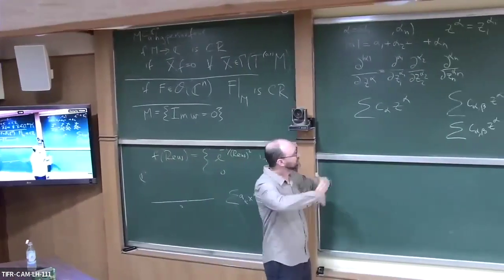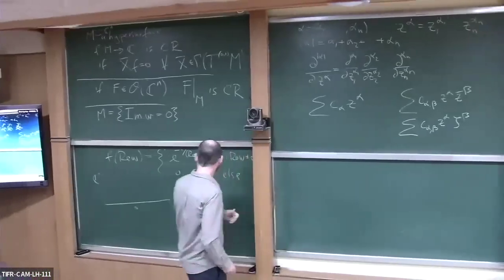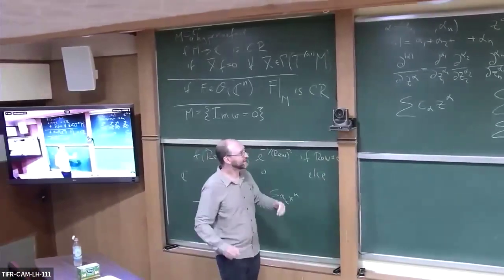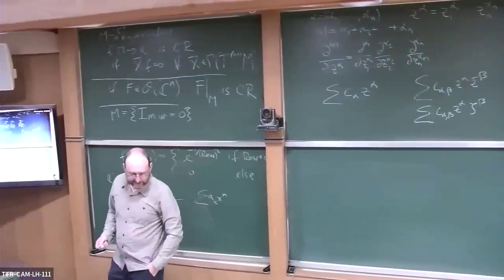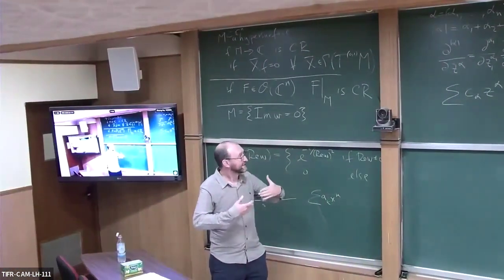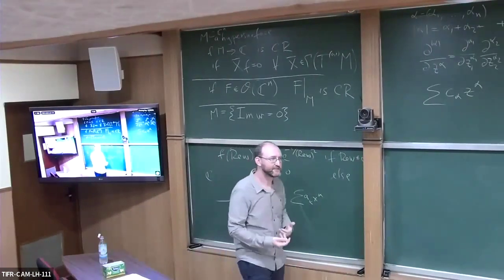So convergence is not too difficult, just like in the one variable case. That's the same. Then what we need to do is show that this is really the unique extension.